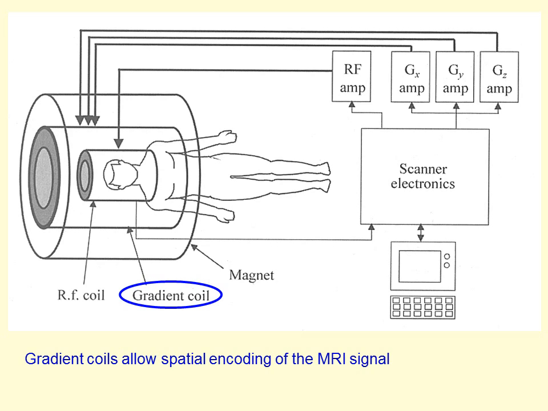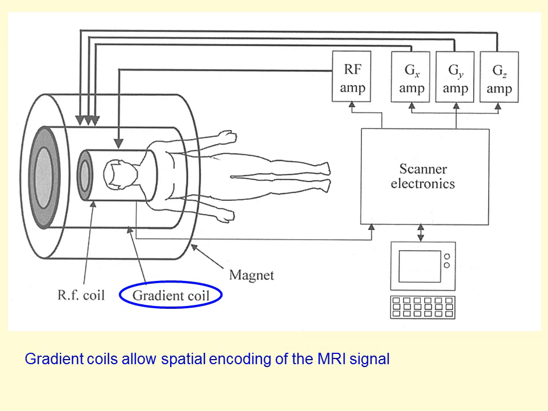It's at this point that the gradient coil enters the story. It's the job of the gradient coil to allow us to spatially encode the MRI signal, i.e. tie those values of current in the coil to particular XYZ values in the brain, that is XYZ values of location.